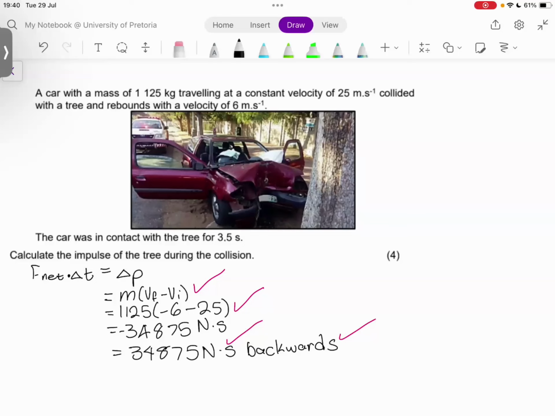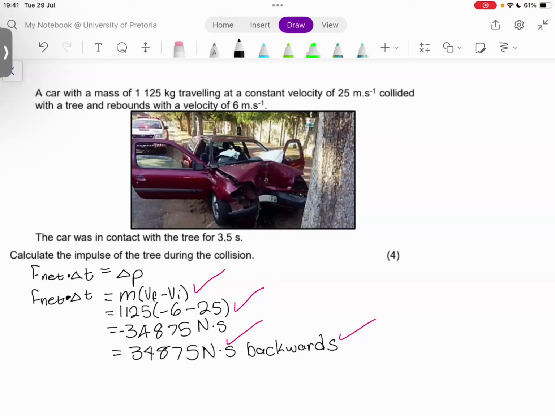Somebody asked, do they not mark the first formula? Unfortunately, not. You'd only get a mark for correctly expanding the formula. Okay.